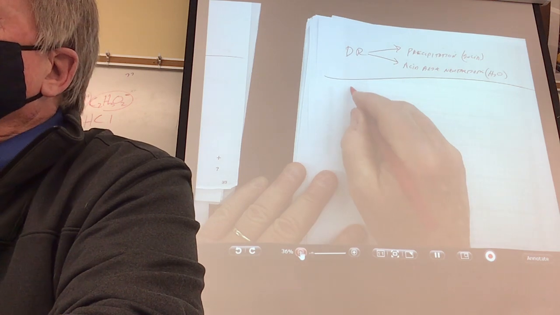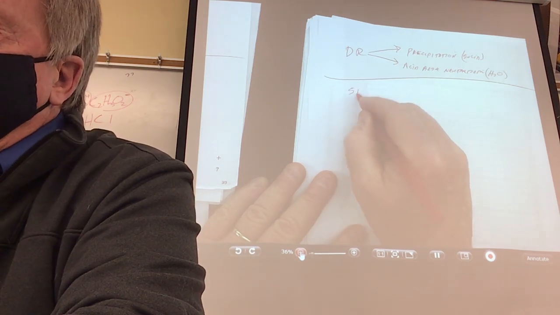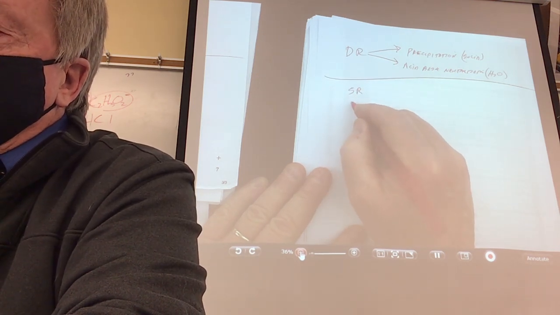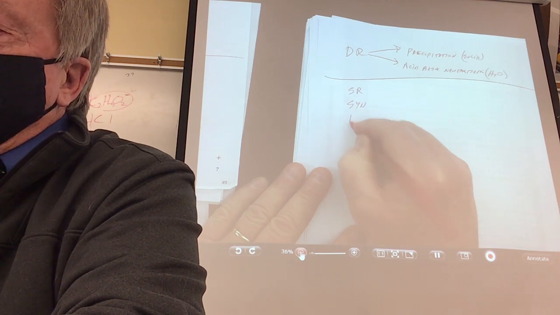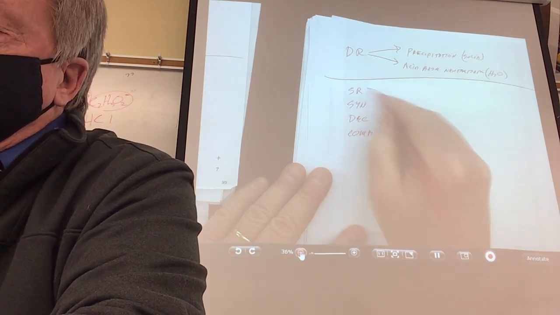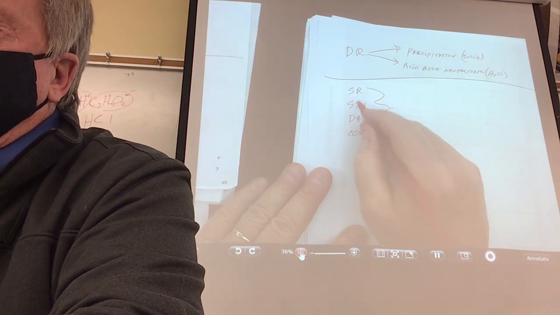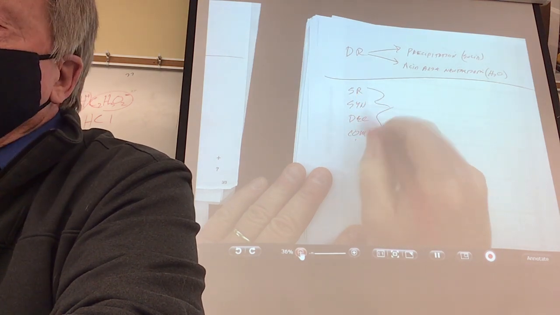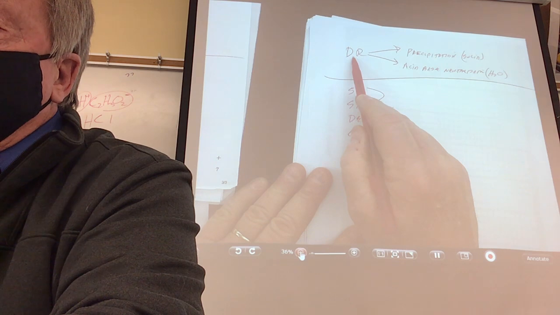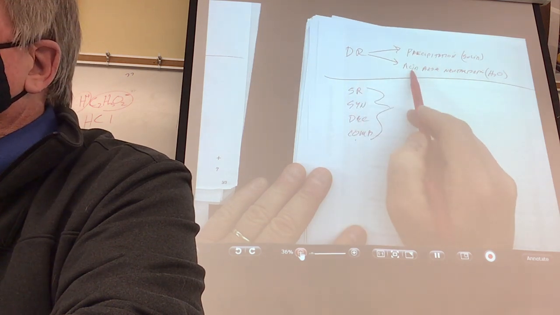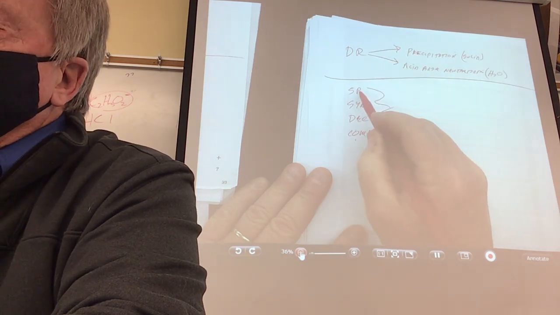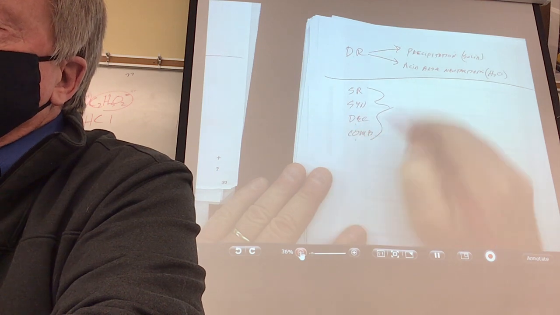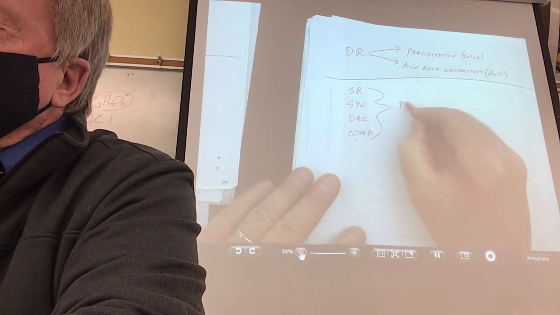All of the rest of them that you ever learned, single replacement, synthesis, decomposition, combustion, even though we can classify them this way, you can also classify double replacement as being this or that. You get that? You can also say that every one of these has the same driving force.